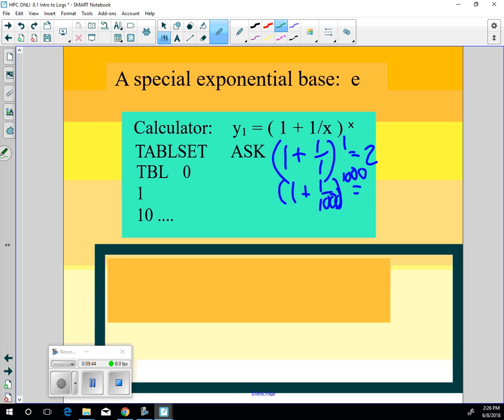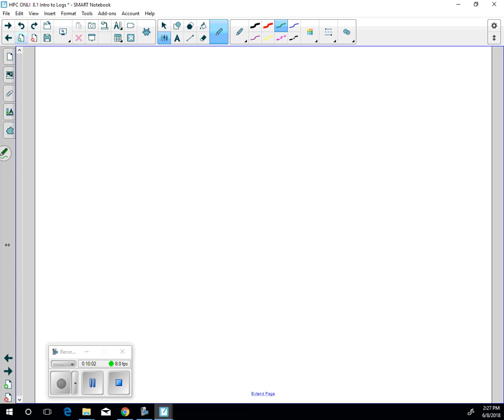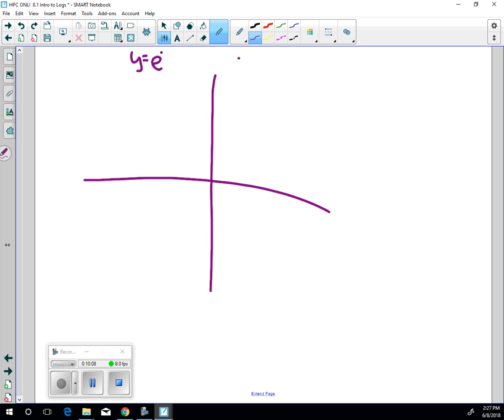But what it does is it levels out to a number called e, 2.71828. It goes on and on forever. It's the second most popular, most used constant in mathematics.